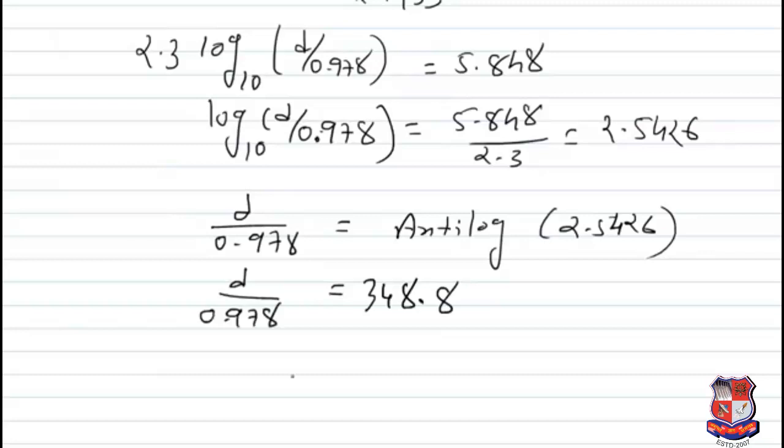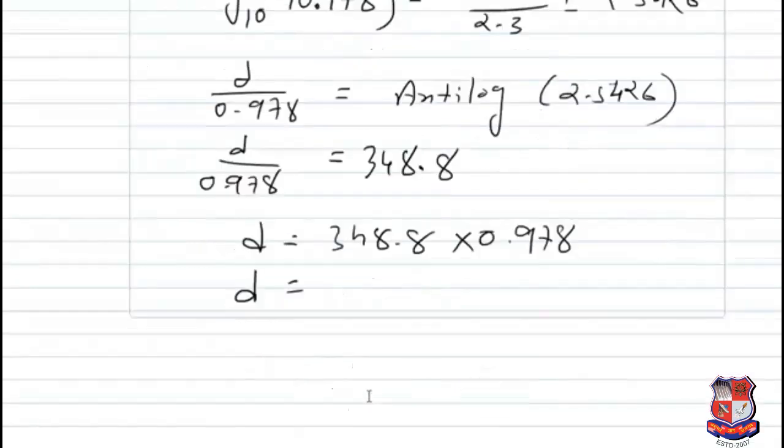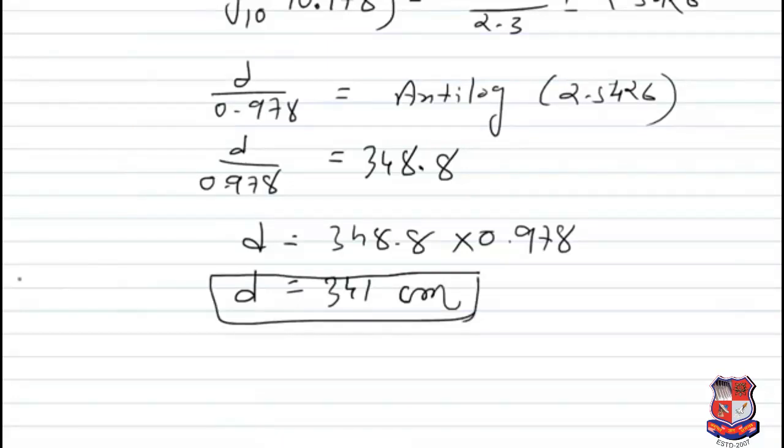And D by 0.978. So we have D equal to 348.8 multiply 0.978, and the answer of D is equal to 341 centimeter. So this is the line spacing, right? And D we can calculate 341 centimeter.